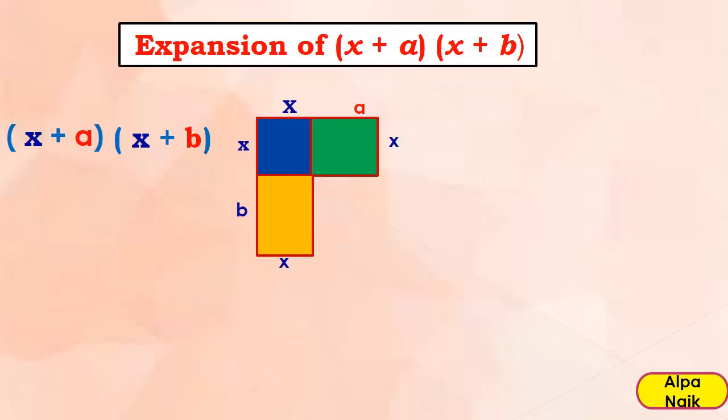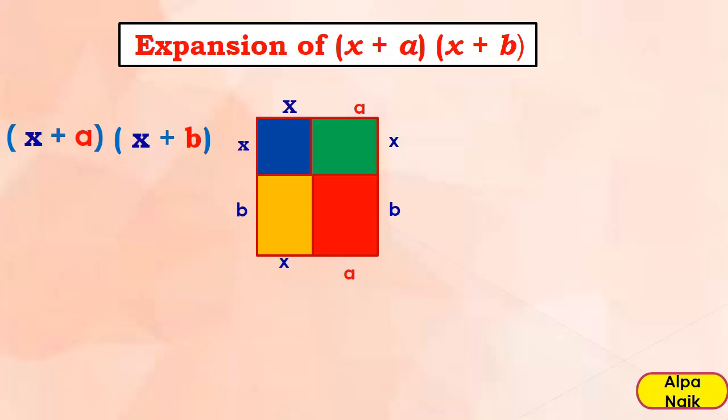Below again add one more rectangle having the length b and the breadth x. So naturally the remaining part will be a rectangle, correct? If you look here, the length will be a and the breadth will be b. So this is a new rectangle formed having the length x plus a and x plus b.